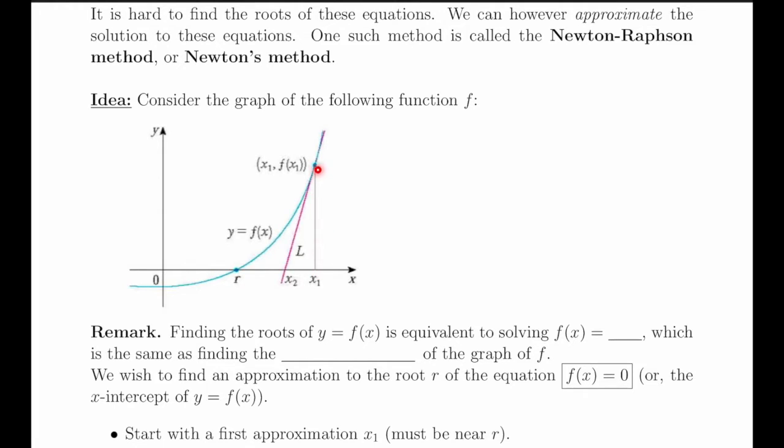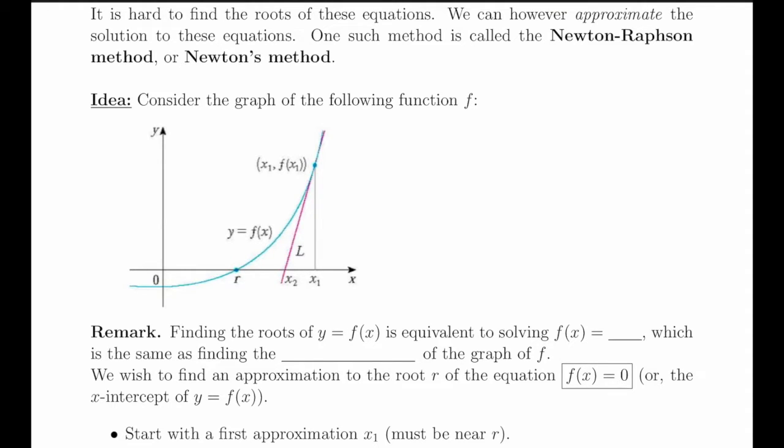Then go to the corresponding y value, which is here, and draw a tangent line at that point. Where your tangent line meets the x-axis is going to be a more accurate approximation to the root r. So x1 was here, and x2 is now here, which is closer to the root.